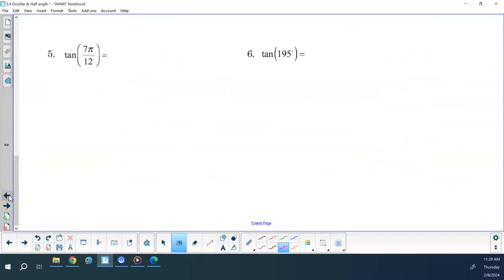So tangent of 7 pi over 12. Okay. So that is going to be the tangent of what divided by 2? 14 pi. Nope. 7 pi over 6. Oh, yeah.